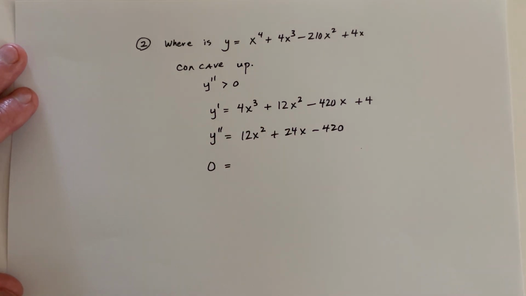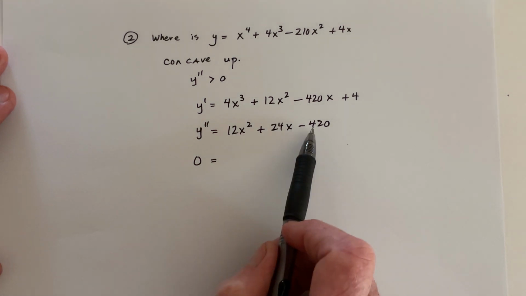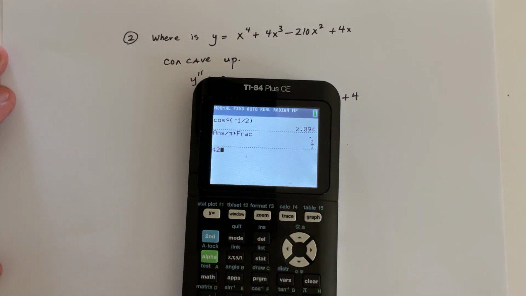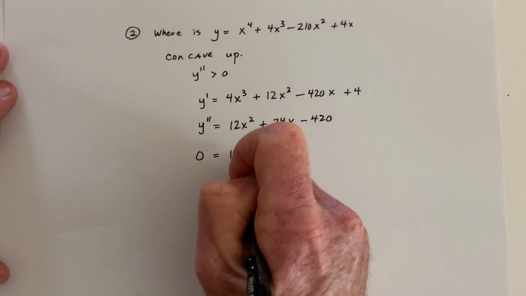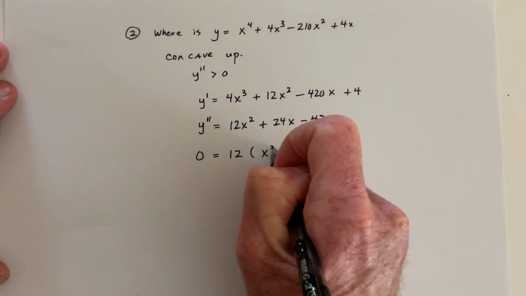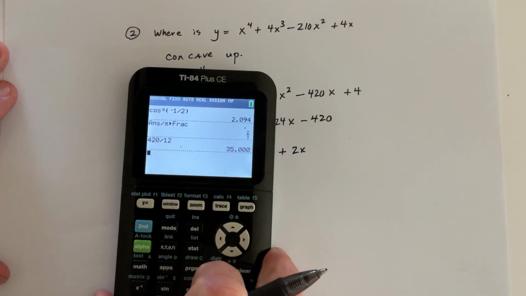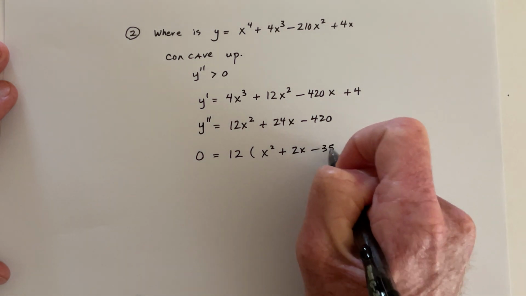And I could do the quadratic formula with these numbers the way that it is, but I noticed that all of these can be divided by 12. At least I'm pretty sure 420 can. 420 divided by 12, yeah, that works. That's a 35. So I could factor out a 12, and it would leave x squared plus 2x minus 35.